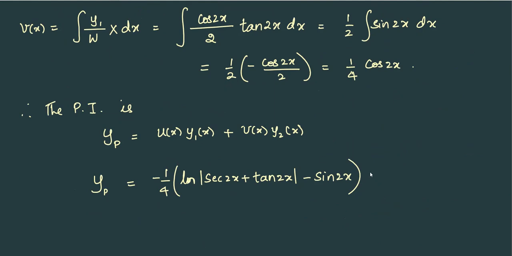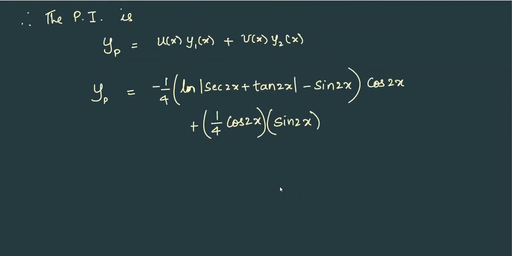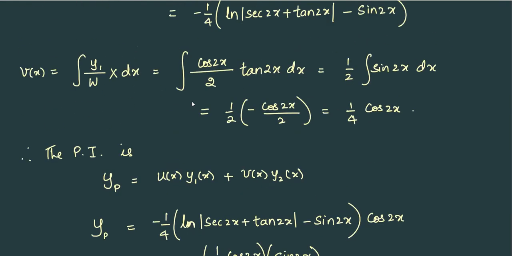This is u, and y1 is cos 2x, plus v is 1 by 4 cos 2x times y2, which is sin 2x. So this is the complementary function part.